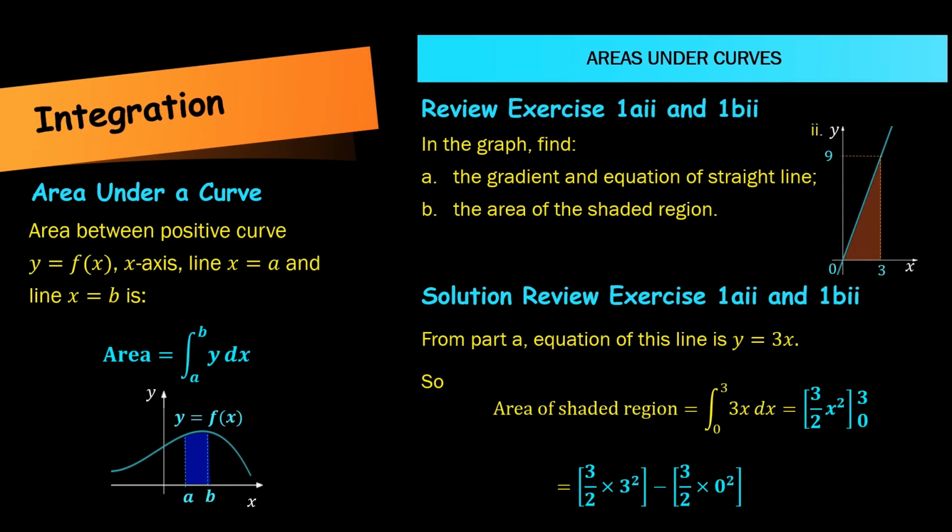And we have that this expression is equal to the expression shown towards the bottom of your screen. Here we've plugged in x equals 3 into this expression, and then taken away 3 over 2 times 0 squared. So plugging in, of course, x equals 0. And tidying up gives us that the area of the shaded region is equal to 13.5.